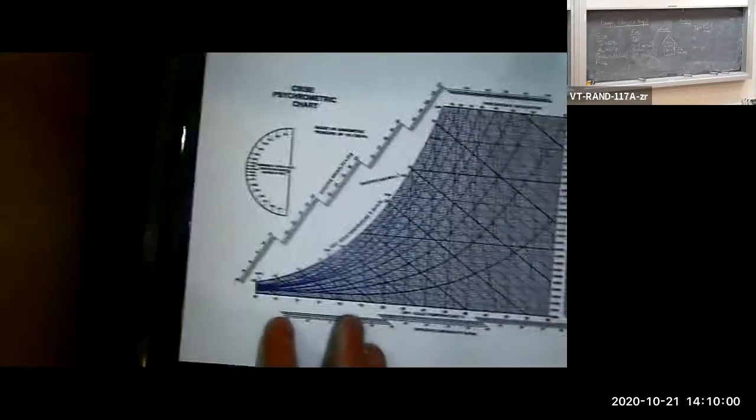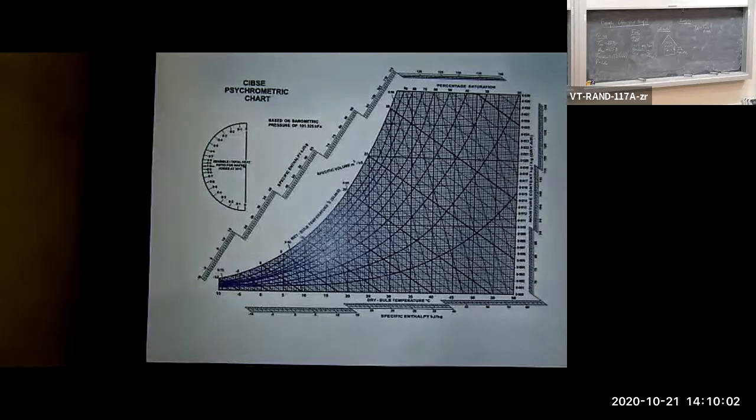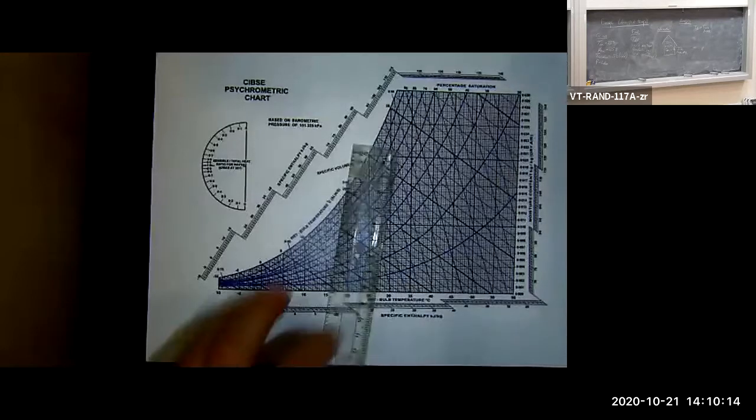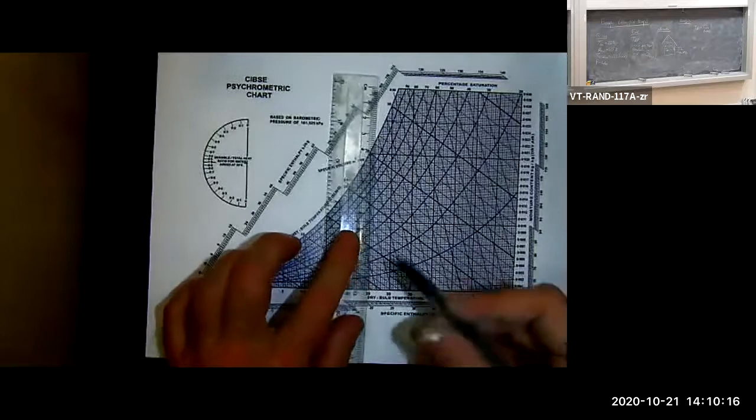Okay, so we are at a temperature of 25 degrees C and a relative humidity of 65%. Let's find that state on our psychrometric chart. First of all, let's put the 25 degrees in.